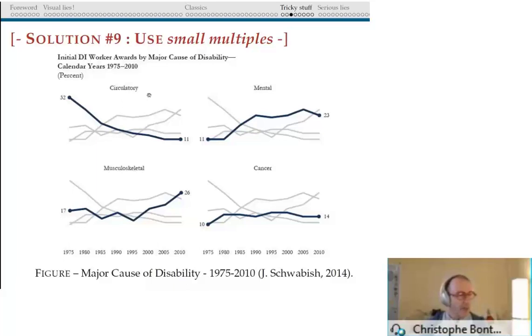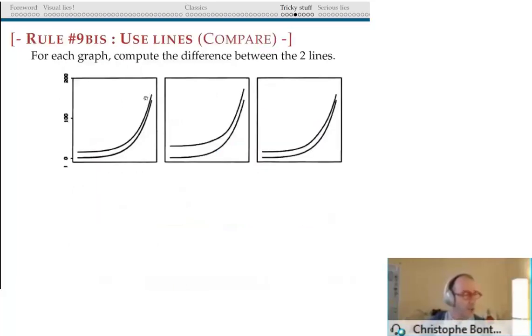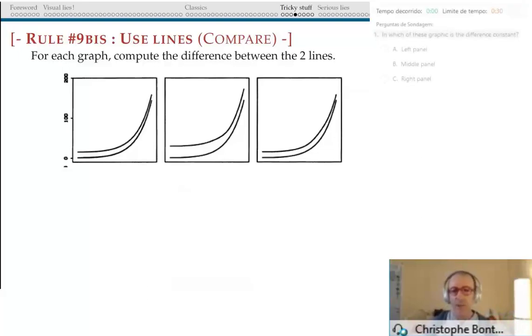In fact, we're talking about lines, but I will skip poll 13 and go to poll 14 right now. So you have time to read these 3 lines here. Once again, there is no X and Y, but it's an old paper.